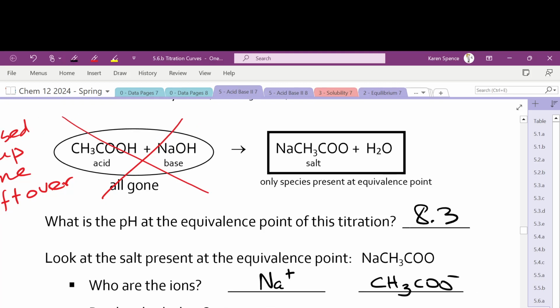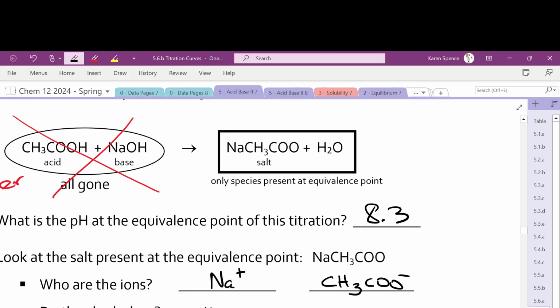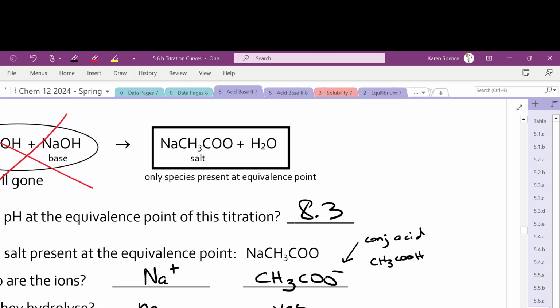No. Does CH3COO- hydrolyze? Yes. And if you don't know, what would you have to do? You would have to look and say the conjugate acid is CH3COOH, and then you go look that up on your table and say, is it strong or is it weak? So do we get hydrolysis? Yes.